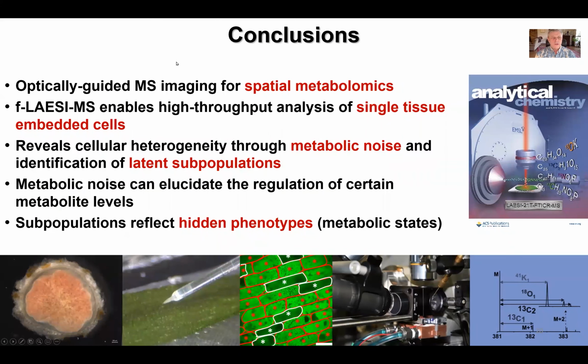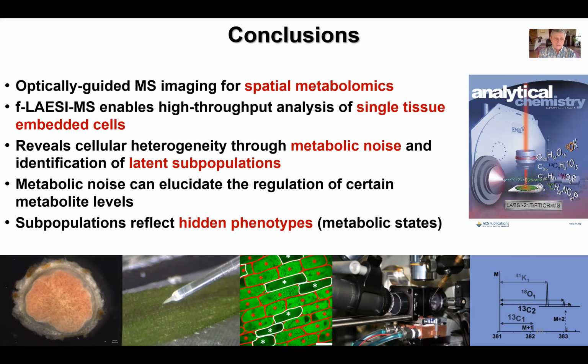So in conclusion, we showed that optically guided mass spectrometry imaging can be a useful tool for spatial metabolomics. We showed that this fiber-based laser mass spectrometry was capable of the analysis of single tissue-embedded cells for metabolites.